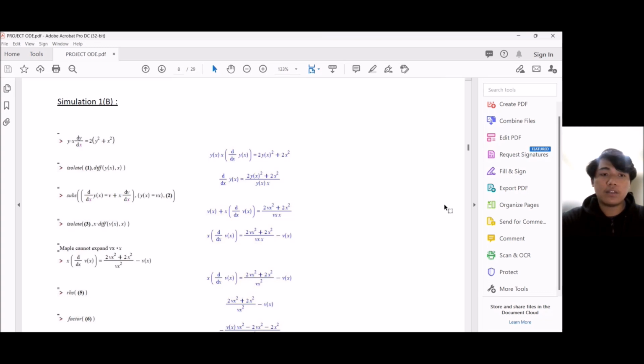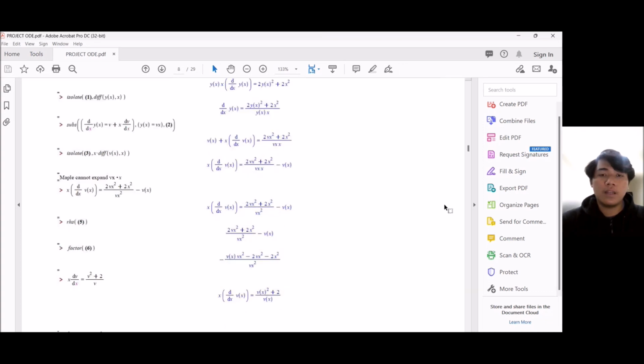After that, I substitute the formula, which is y equal to vx and dy over dx equal to v plus x dv over dx. So it will be v plus x dv over dx equal to (2v x power of 2 plus 2x power of 2) divided by vx power of 2. And I bring the vx to the right side, so it will be minus vx.